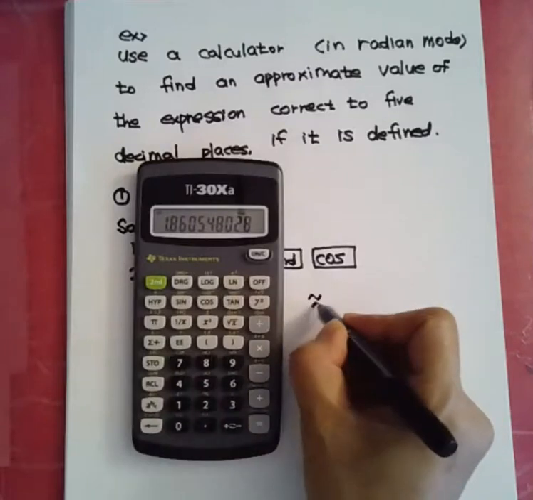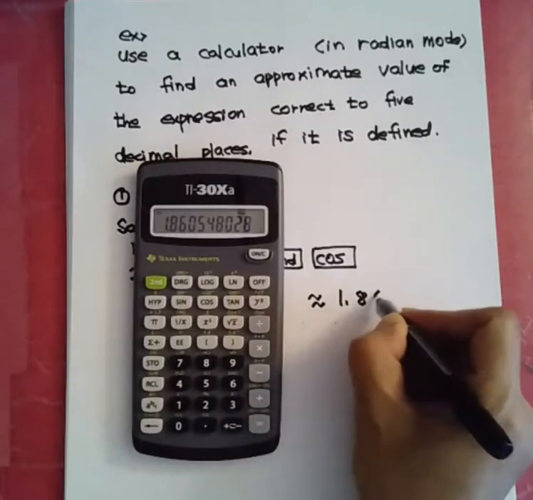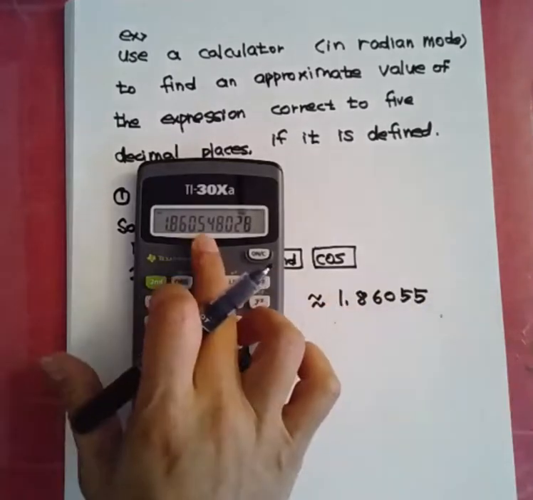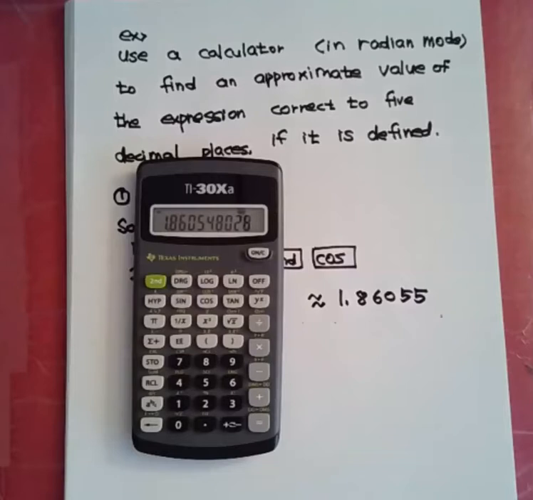That's approximately 1.86055, because right after 4, that is 8, which is greater than 5.